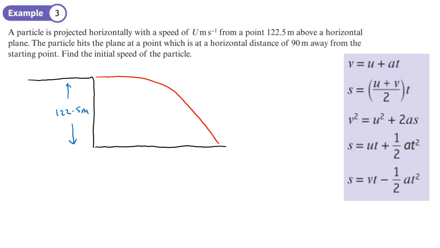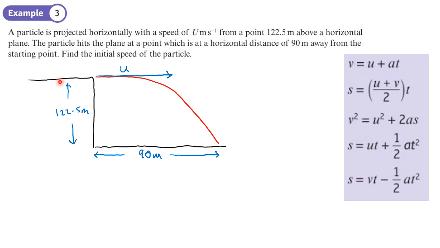The initial horizontal velocity there is u. It says it hits the plane, the ground, whatever, and it's 90 meters away, a horizontal distance of 90 meters from its starting point, which means that this distance here is 90 meters. Okay, and the question is, find the initial speed of the particle.